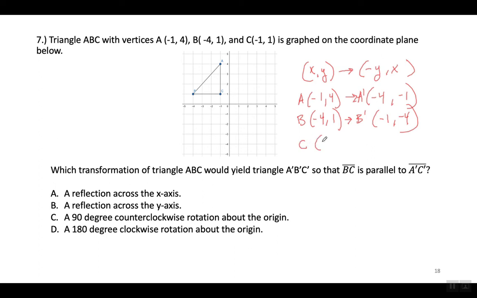And C prime is going to be at -1, -1. Again, you don't really have to do this. I just want to graph it perfectly to make my explanation make more sense. A prime is at -4, -1, B prime is at -1, -4, and C prime is right here.